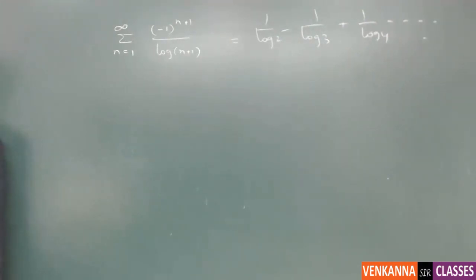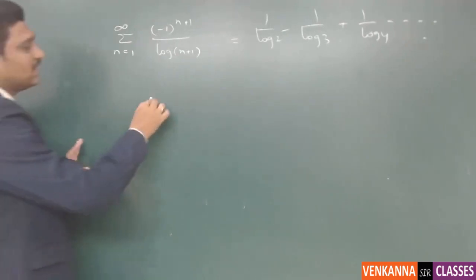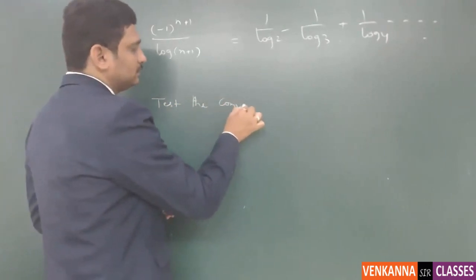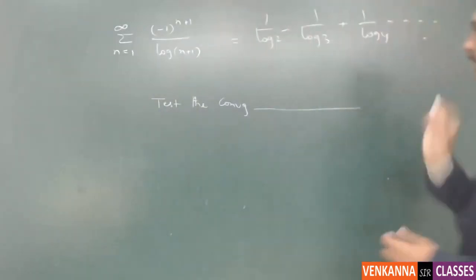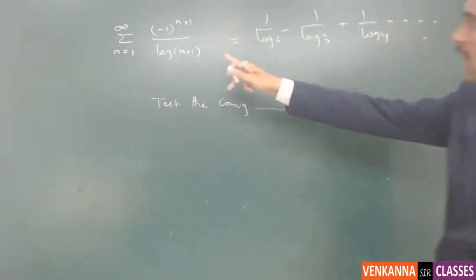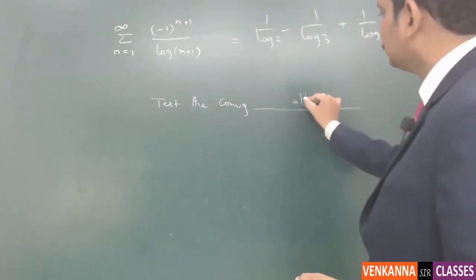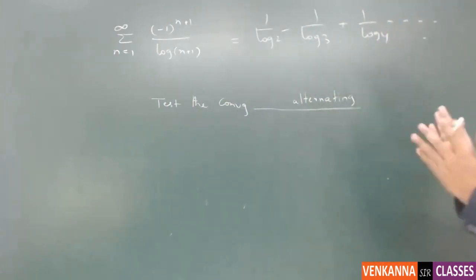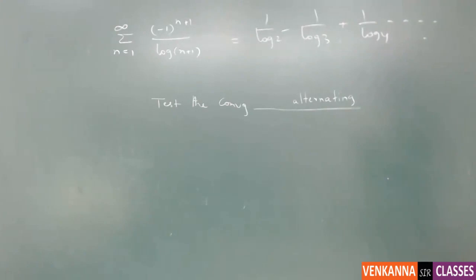So whenever a problem is asked for absolute convergence, then definitely we should apply modulus there and we should check for convergence. Please understand one thing, that if the problem is given to test the convergence of the series and you have an alternating series here, what is the approach of the problem while doing?